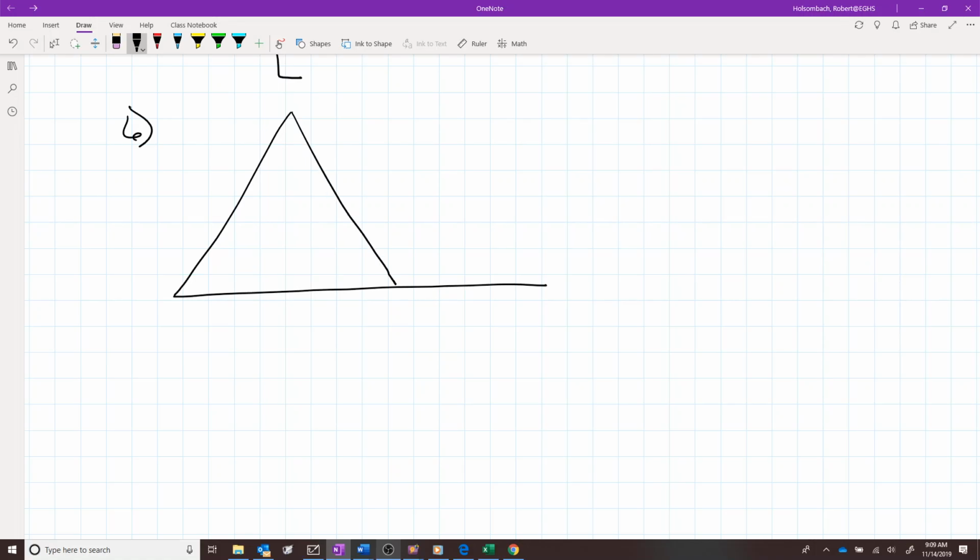Number 6. Name the second largest angle of the 4 angles named in the figure, not drawn to scale.